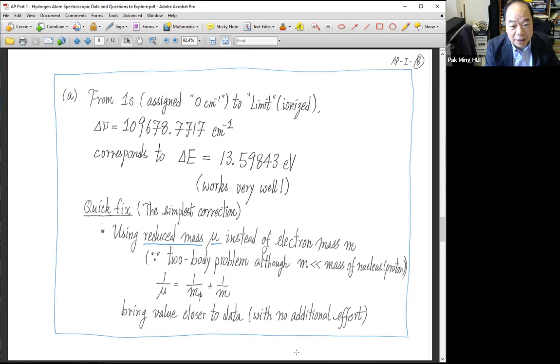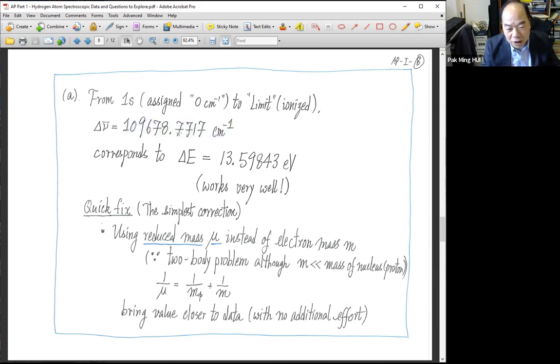So here you see the number is this many wave numbers. Last time I introduced that experimentalists talk about centimeter inverse, which is how many wavelengths are there in 1 centimeter length. That actually also tells us about the energy, if you have some conversion with h, the Planck constant, and the speed of light.